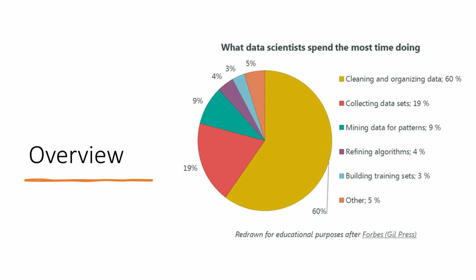There are lots of activities that are done as part of a data scientist's job, but you'll be really surprised to see how much time a real data scientist spends on data modeling or building a data model or deploying. When you see the graph that is given here, you see most of the time spent by the data scientist goes on collecting the data and cleaning and organizing the data.